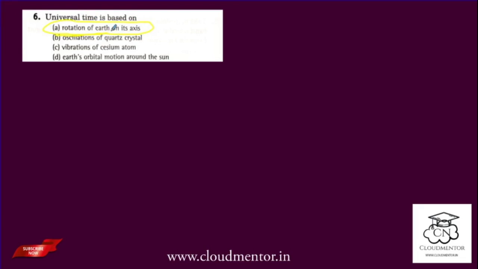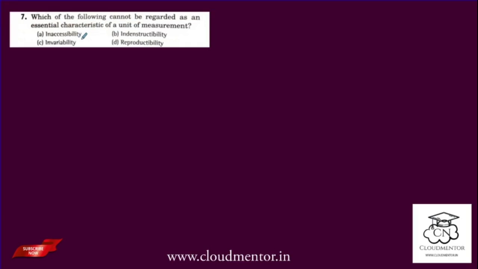Now next question. Which of the following cannot be regarded as an essential characteristic of a unit of measurement? Option A is inaccessible. Let's come to that. The second option is indestructibility.